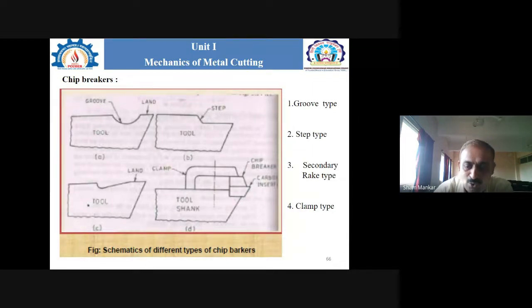When we break the chips into small pieces, the friction between the cutting edge of the tool and the workpiece material is reduced, and it also helps to reduce the temperature rise due to the continuous chip in contact with the tool material and the workpiece material.